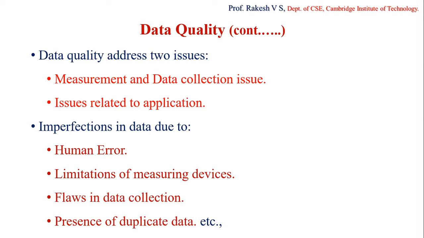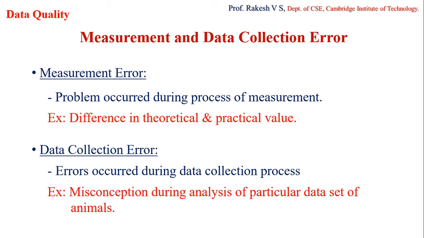To begin with data quality issues, first we shall look into the definition of what we mean by a measurement error and a data collection error. Later we shall discuss various measurement errors that we have, and also the error that occurs due to both measurement as well as data collection. First of all, measurement error refers to any problem that occurred during the measurement process. For example, a problem where theoretical and practical values differ.